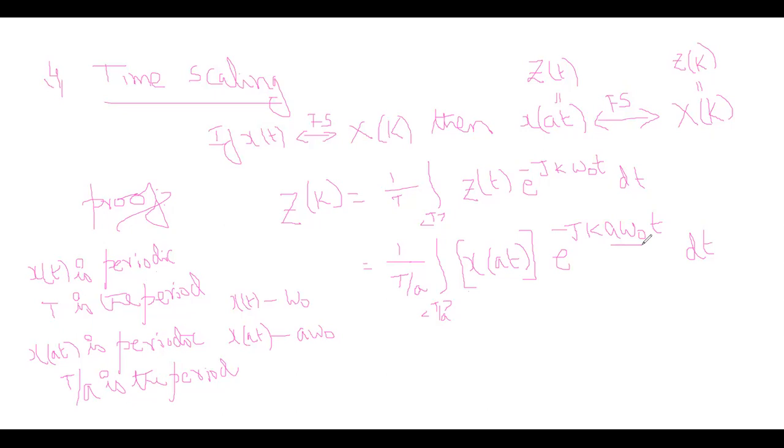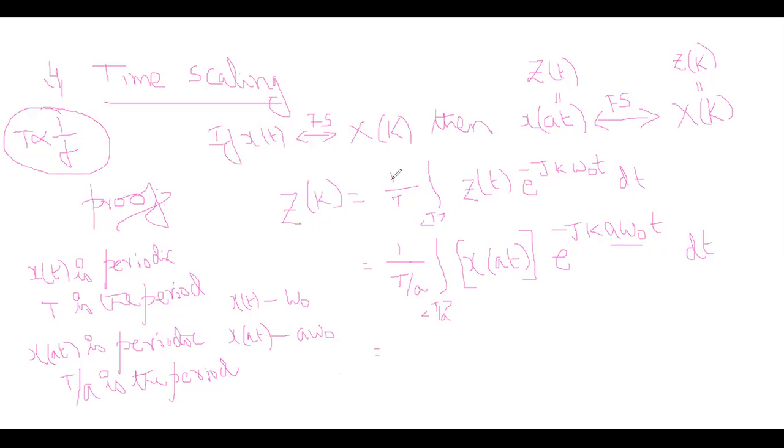If time decreases, the frequency increases. Since we are taking T by a here, definitely the frequency increases, because T and f, the frequency, are inversely related. If one increases, the other decreases, and if one decreases, the other increases. So T by a decreases means definitely the frequency increases. Okay.